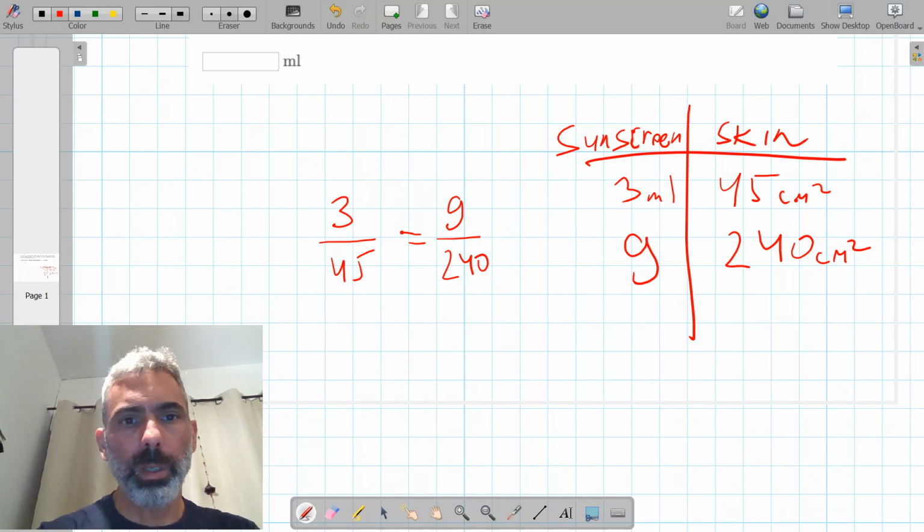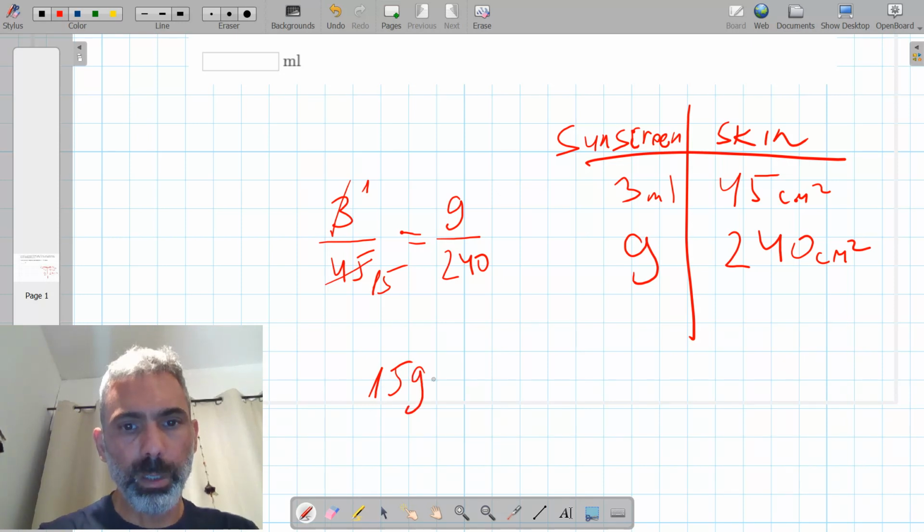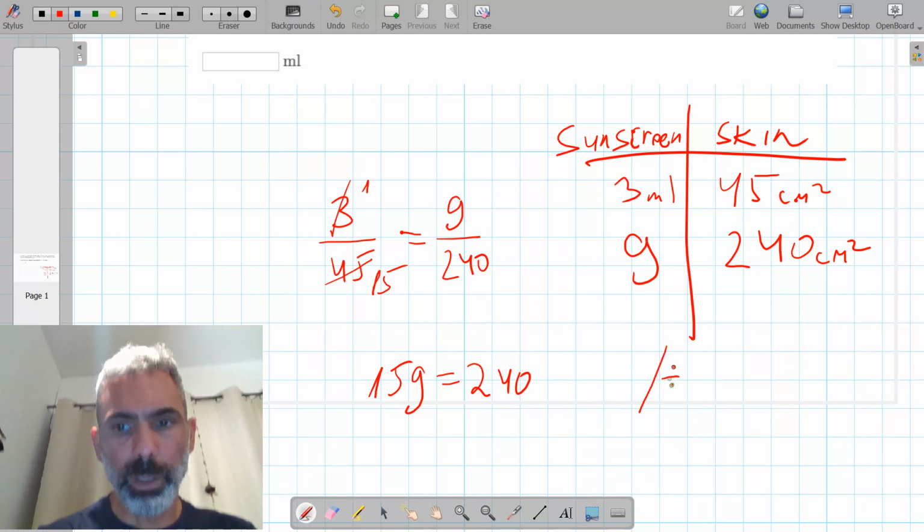And we can simplify this. 3 divided by 3 is 1. 45 divided by 3 is 15. So 15 multiplied by G is 15G. 1 multiplied by 240 is 240. So we need to divide both sides of the equation by 15 to isolate G.